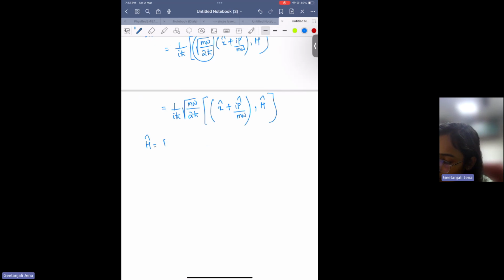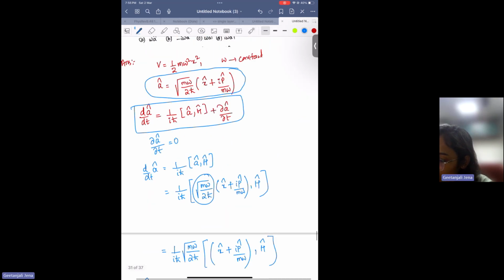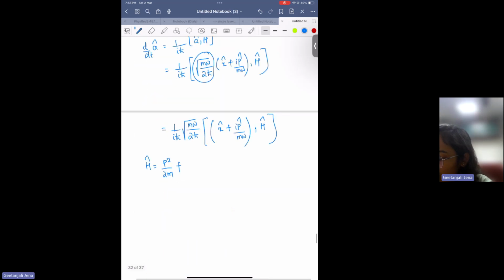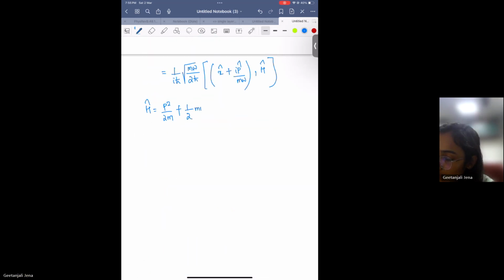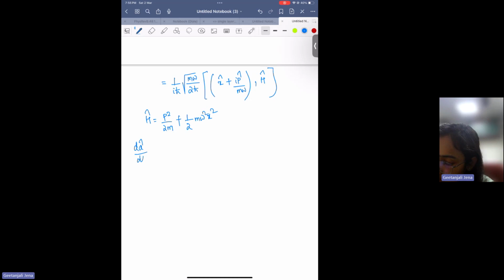H is nothing but p squared by 2m plus the potential, and the potential is half mω squared x squared.